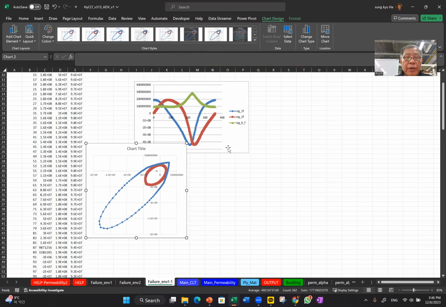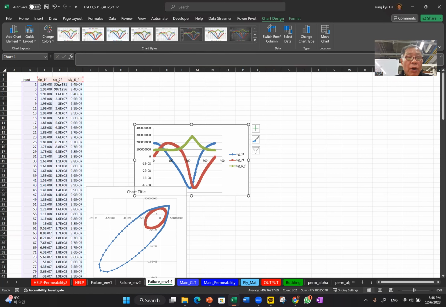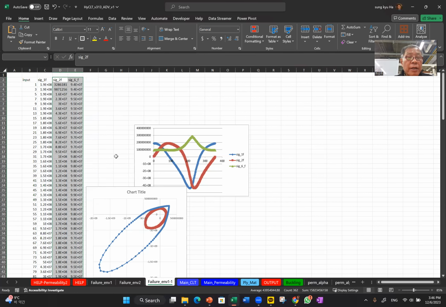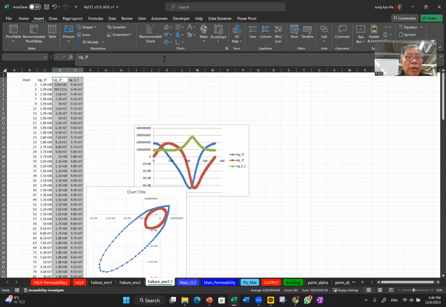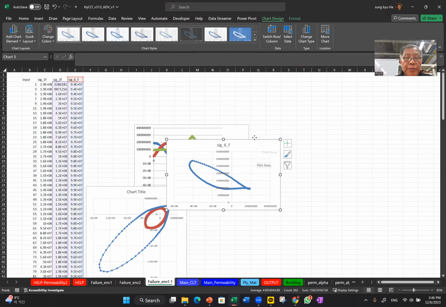and you can keep trying that, right? You can keep trying that, or you can plot sigma 2 versus sigma 6 with the non-zero stresses, and you can also simply plot sigma 2 versus sigma 6.